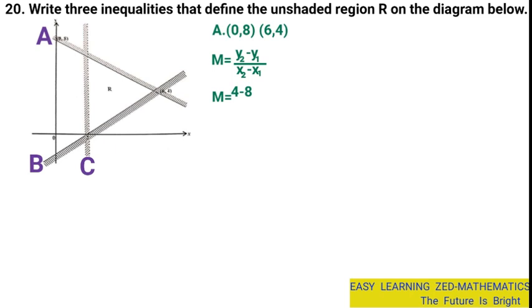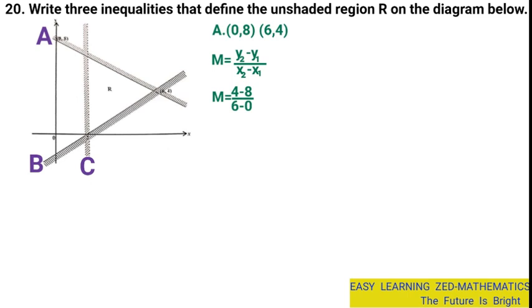Which will be divided by x2, that is 6, from which we are going to subtract 0, that is x1.